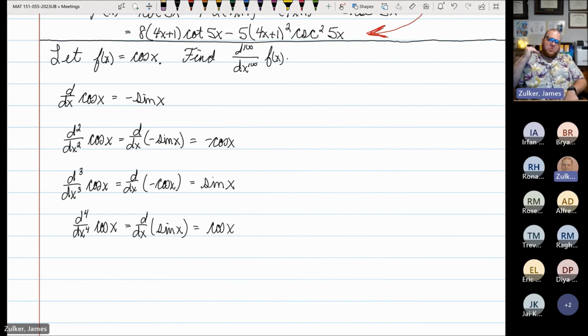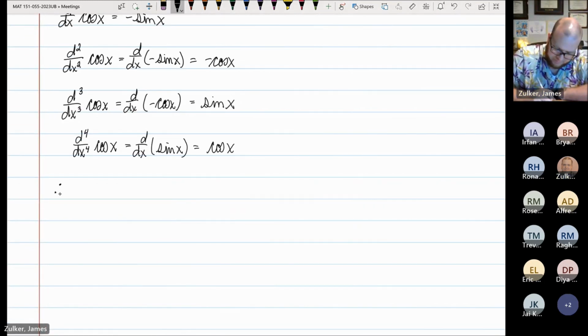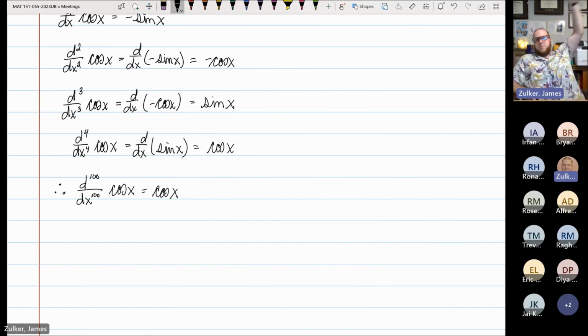Specifically, every fourth derivative starts the cycle anew. Since 100 is a multiple of 4, the 100th derivative of cosine is just going to be cosine.